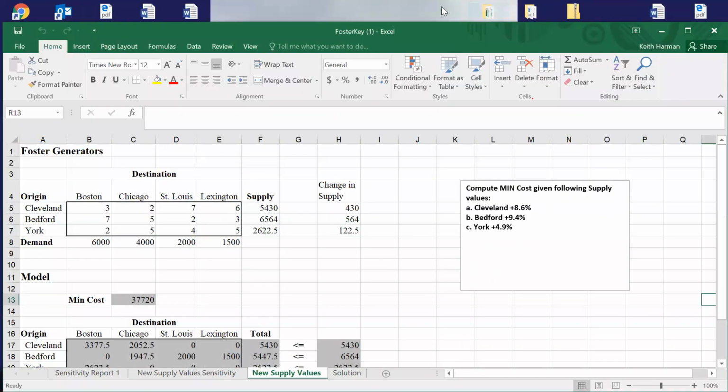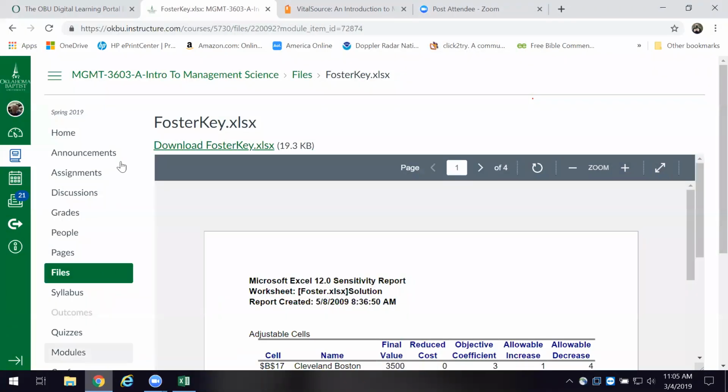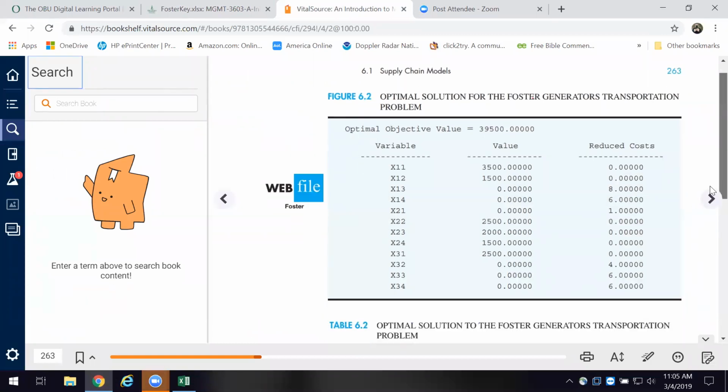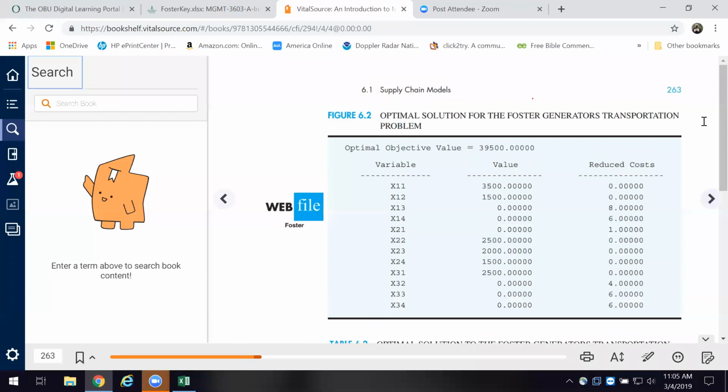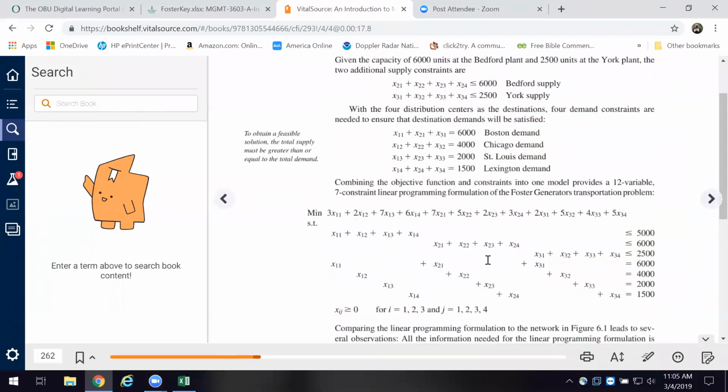The textbook, I want to get that for us there for a moment. This is the Foster generators problem, and just again to get our minds refreshed. Excuse me.